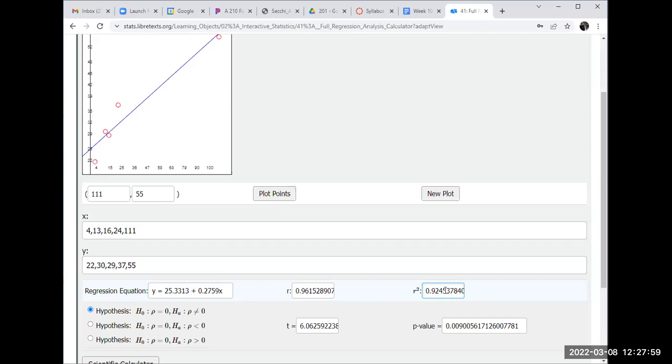So it's going to be between 0 and 1. But R squared actually has a specific meaning that helps us understand. Here I like to use 2 decimal places because I like to think of it as a percent, and in this case, it's 92%. Any questions on that idea?